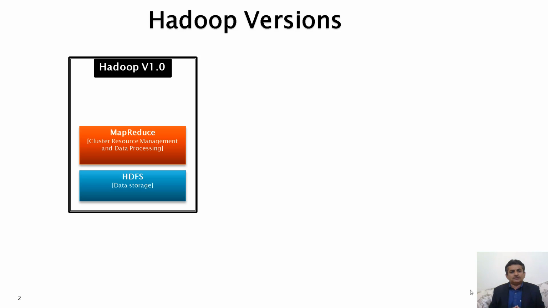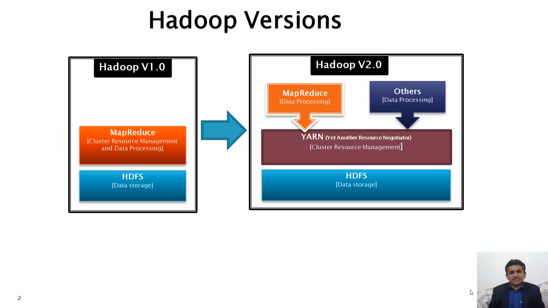MapReduce is used for cluster resource management and data processing. The version of Hadoop 1.0 was not very flexible. It has limited capabilities. After looking into the limitations of Hadoop 1.0, version 2.0 was developed.